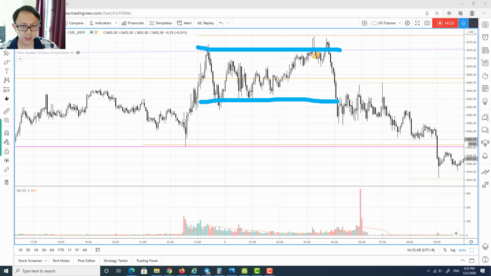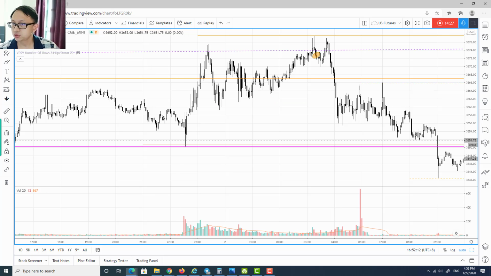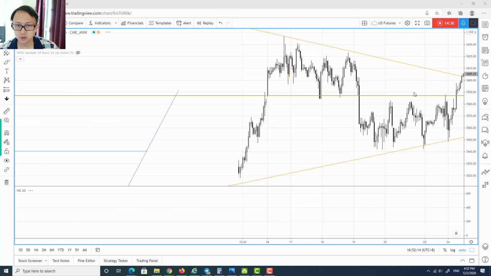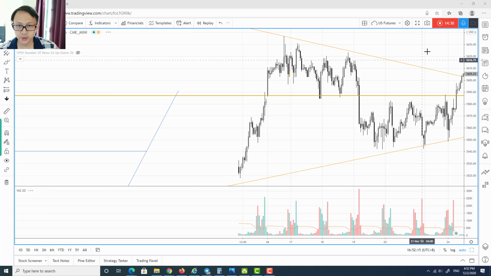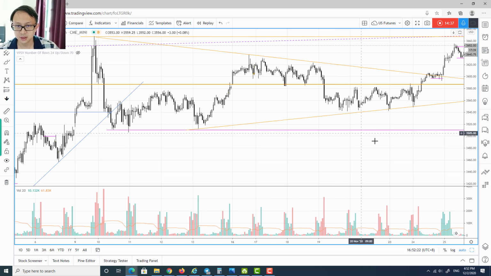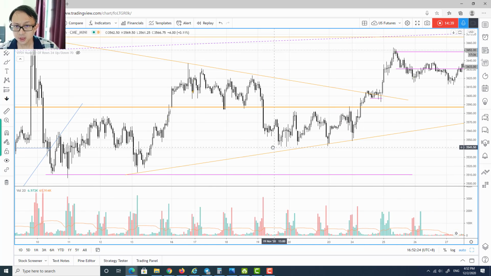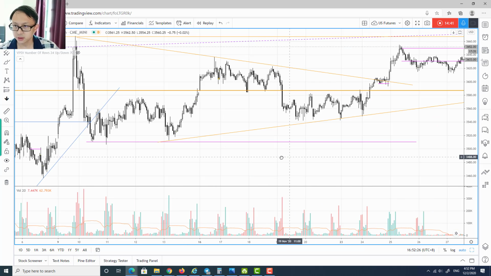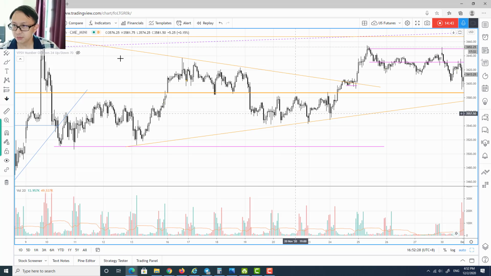So overall, let me just get back to the hourly time frame, and let's talk more about what's happening right now, and the current market structure and condition as well. Let me zoom out a little bit here. You can see that the apex formation is still in play right there.